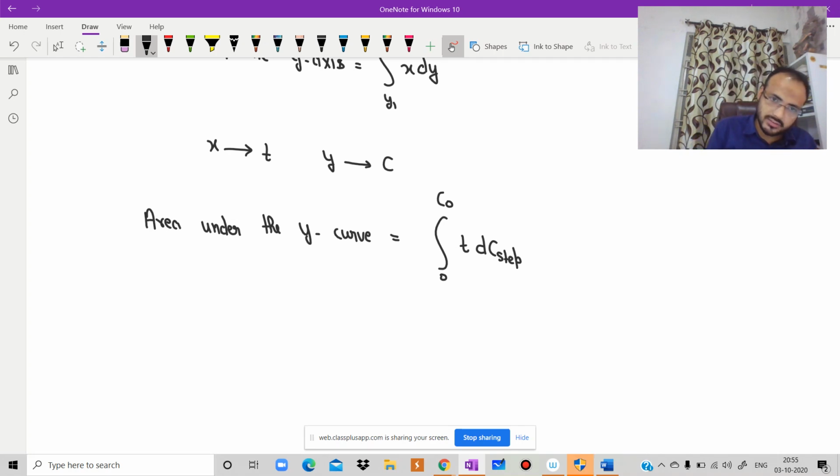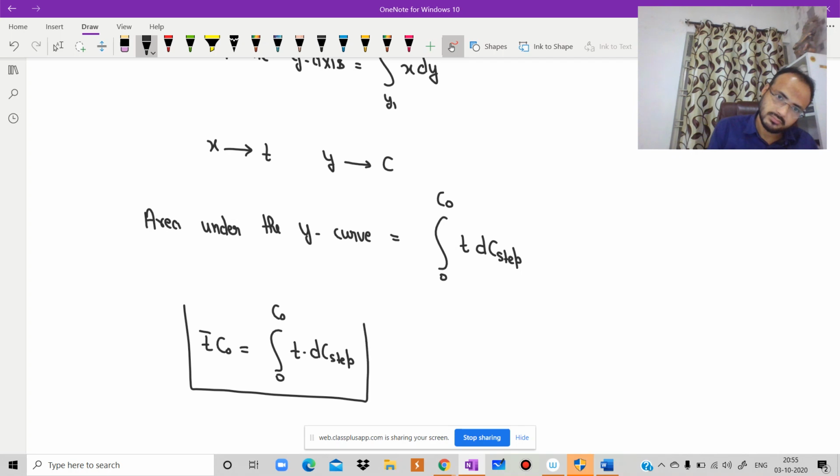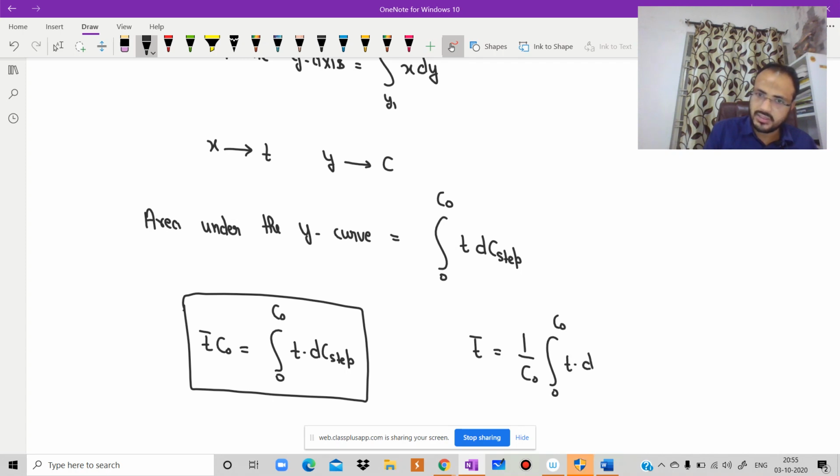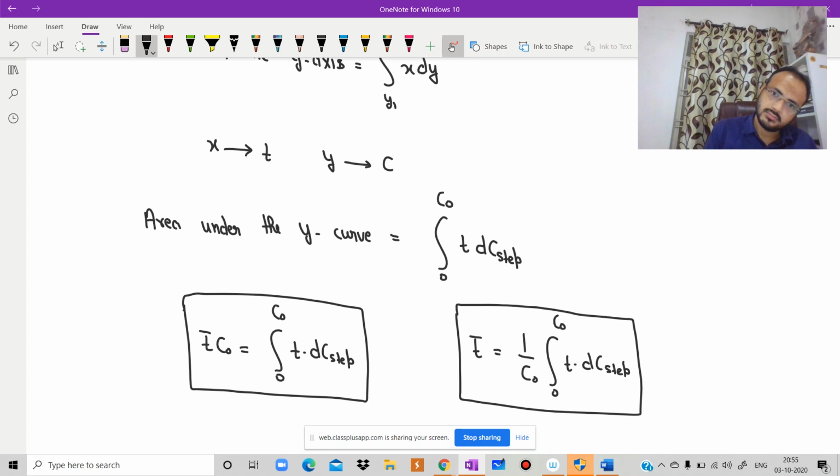And we know that t bar into C node is equal to the integral from 0 to C node of t into dC step, or t bar is equal to 1 by C node into the integral from 0 to C node of t into dC step. There should be no doubt up to this point.